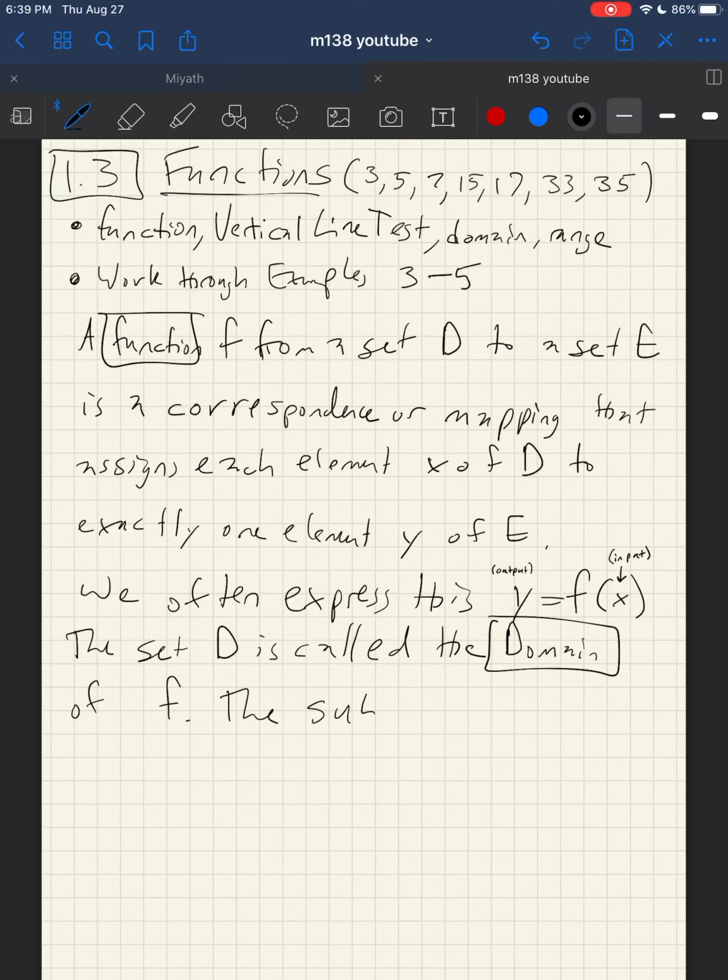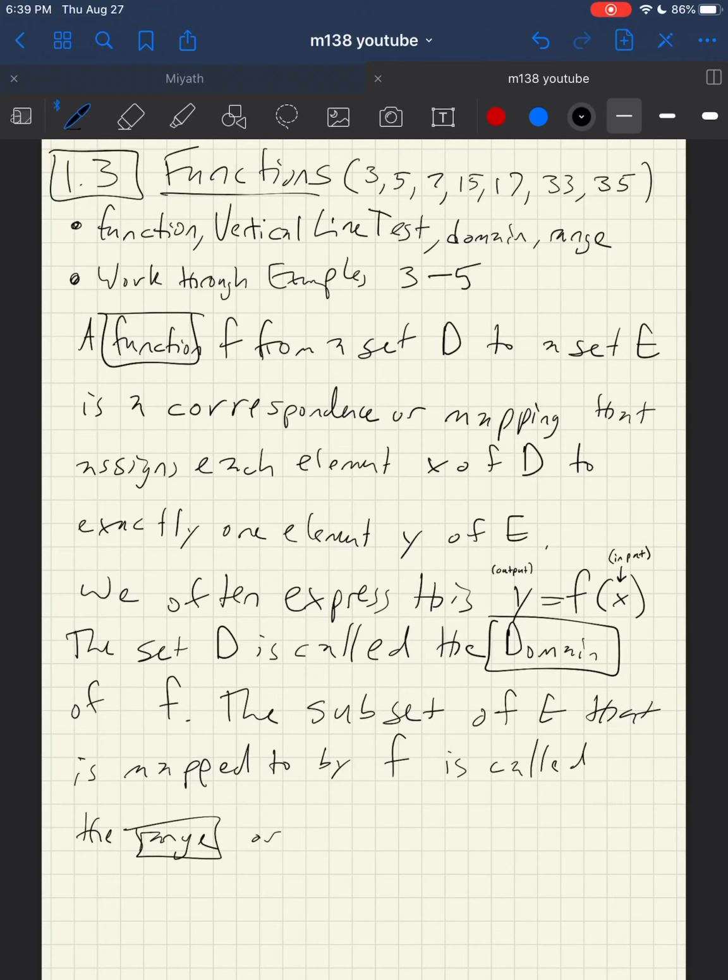The subset of E that is mapped to by f is called the range or image of f.